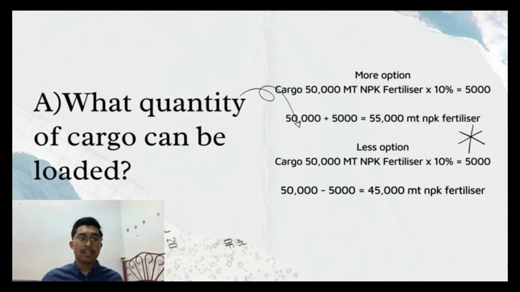And the last option is the less option. Cargo of 50,000 metric tons of NPK fertilizer multiplied by 10% gives 5,000.